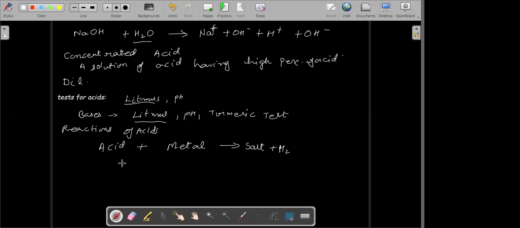The nitric acid, HNO3, is a strong oxidizing agent, so it oxidizes the hydrogen which is formed to water. Got it? So acid plus metal will give you salt plus hydrogen. So what about a base? What happens when a base reacts with a metal?